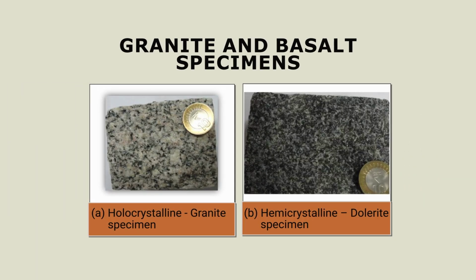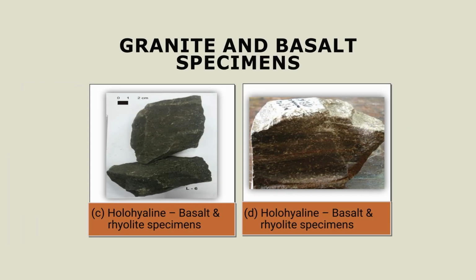First, I will show you granite and basalt specimens, how they look in hand specimens. A is our holocrystalline granite specimen, B is our hemicrystalline dolerite specimen, and the third one is a holohyaline basalt or rhyolite specimen. The same specimens are seen under the microscope.